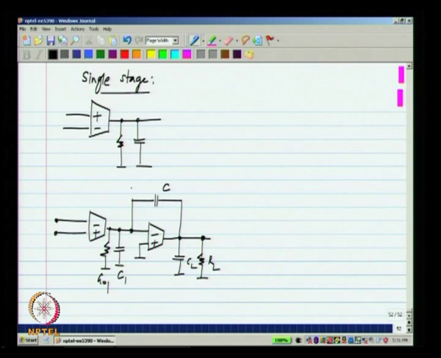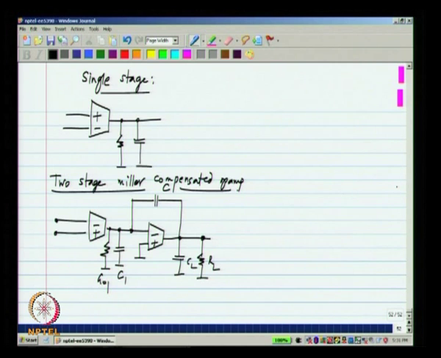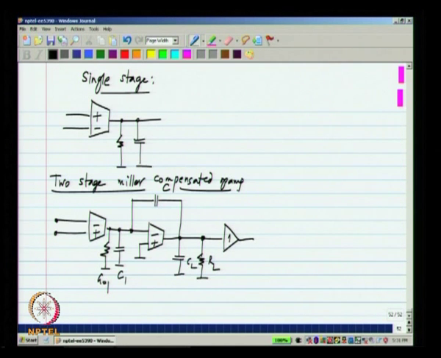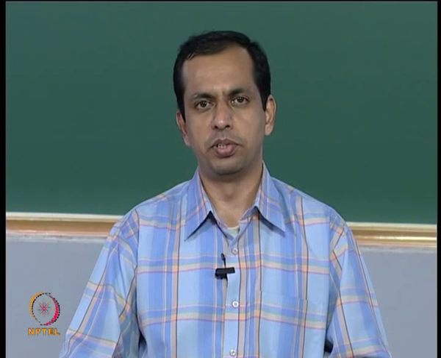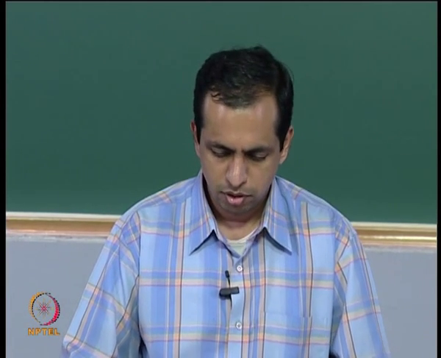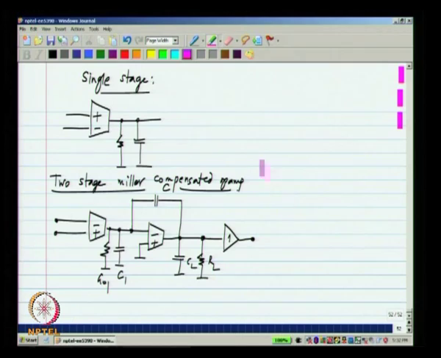This is the two stage Miller compensated op amp. In fact, most of the commercial op amps that are available are this variety, but they invariably include a buffer. This is because you could use it with very heavy loads. They use a buffer so that the behavior of the op amp is not affected significantly by the load. So, this is the most popular variety.